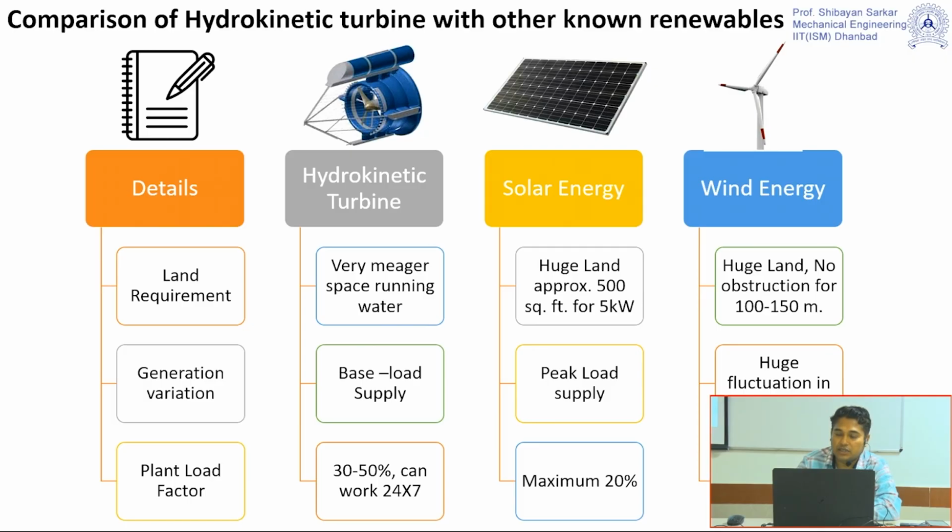Those things we will be discussing later, and from there itself we can derive which thing we need to monitor and control. Now, plant load factor: the efficiency structure is almost the same for the hydrokinetic turbine as well as the wind turbine, but solar energy's efficiency will be some kind of less, almost 10 to 15% less compared to the hydrokinetic turbine and wind turbine.